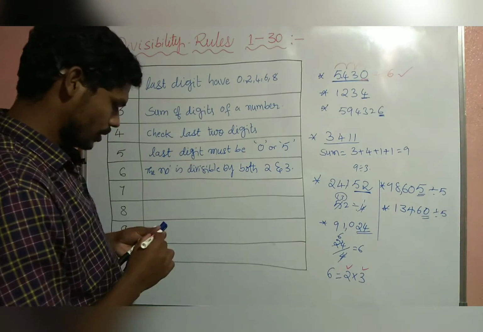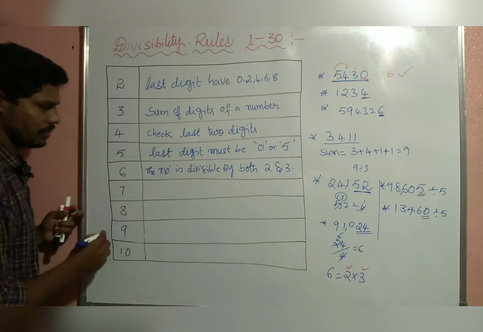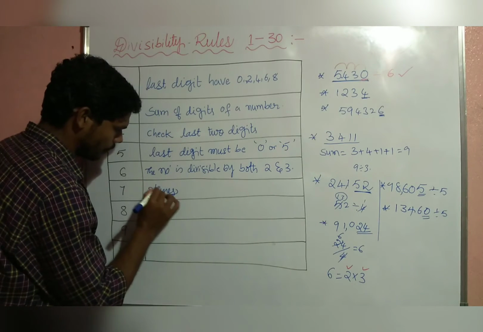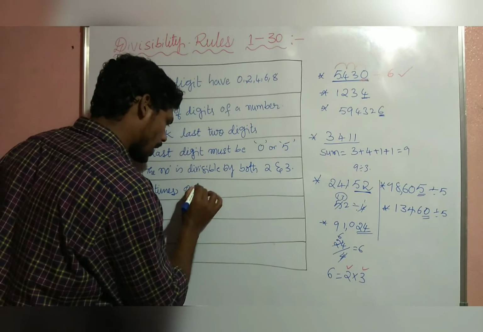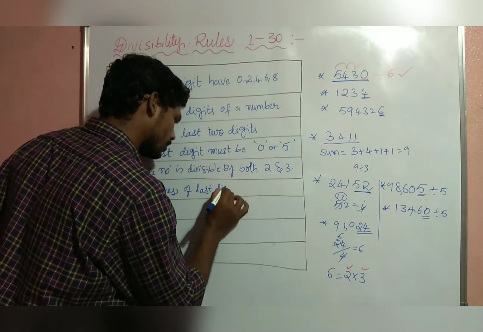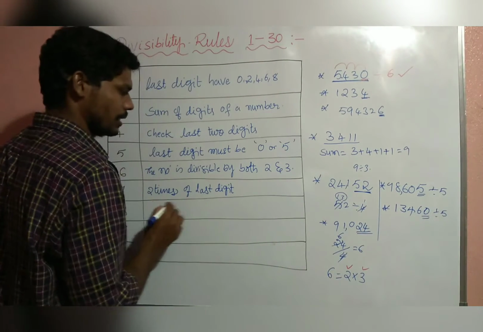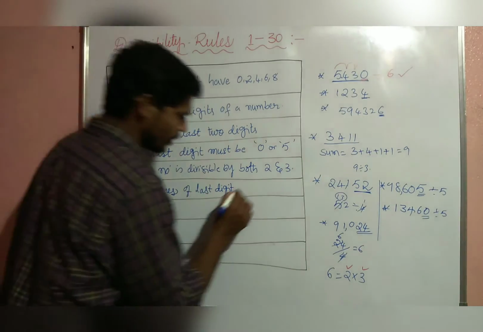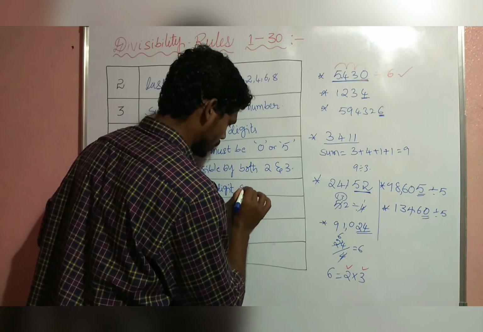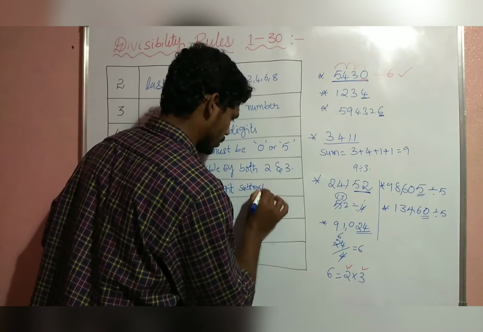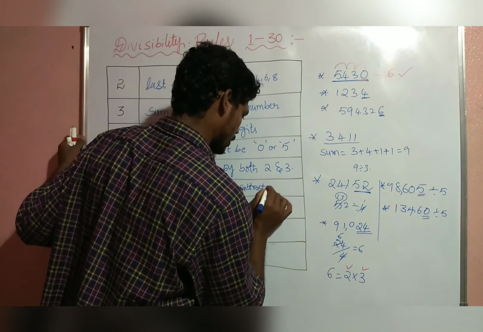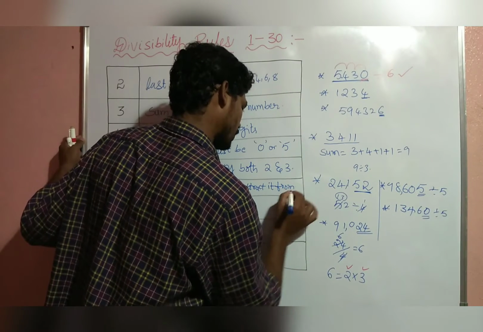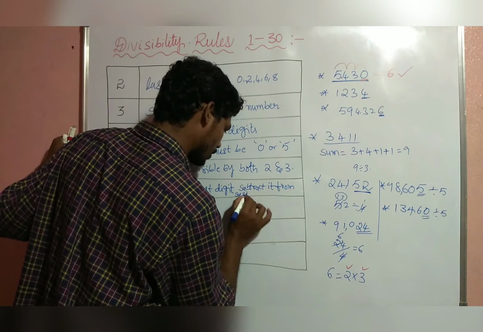Right, now come to the divisibility rule of 7. Take 2 times the last digit, and subtract the result from the rest of the number.